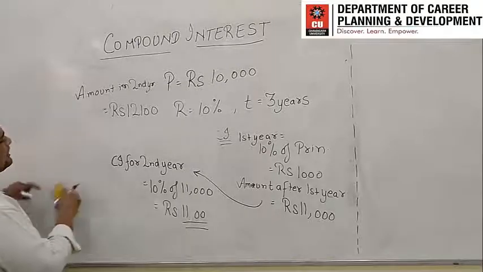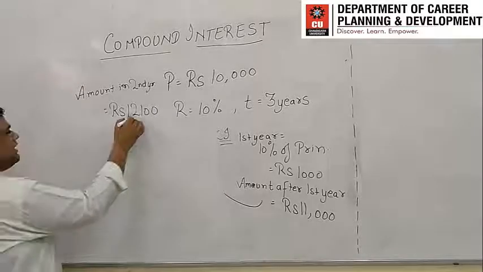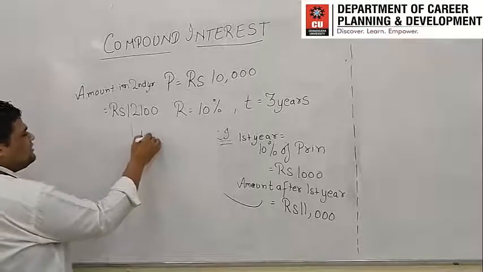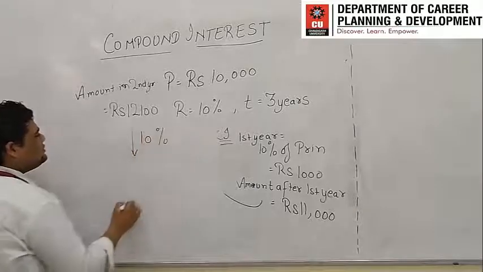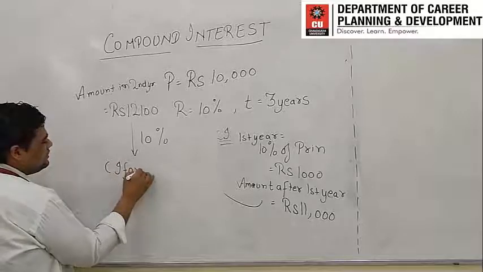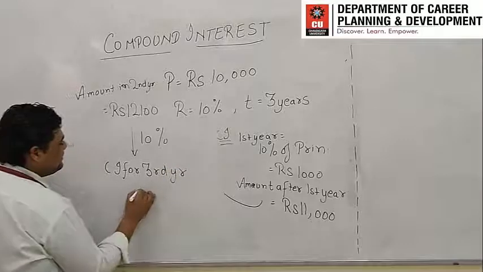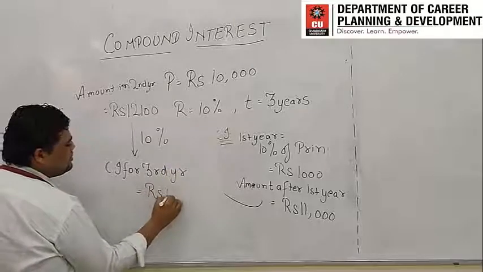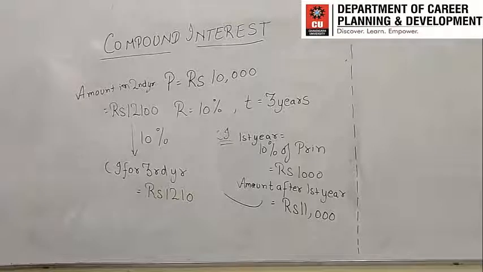Now the interest for the third year will be applied on this 12,100. 10% interest on this. So the CI for the third year is coming out to be rupees 1210.